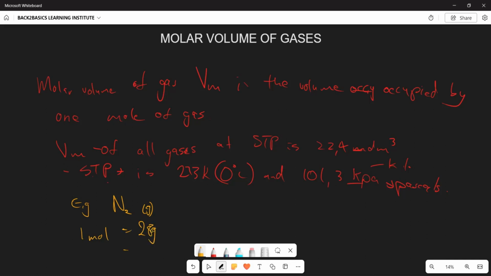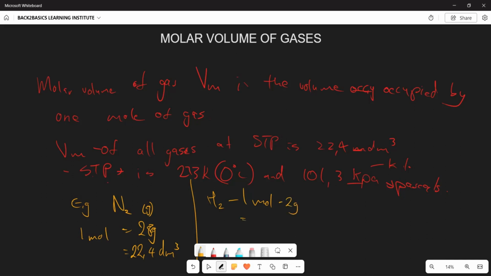this at STP is still going to occupy the 22,4 decimeter cubed volume. Similarly, if you have H2, 1 mole of your hydrogen gas is represented by 2 grams.